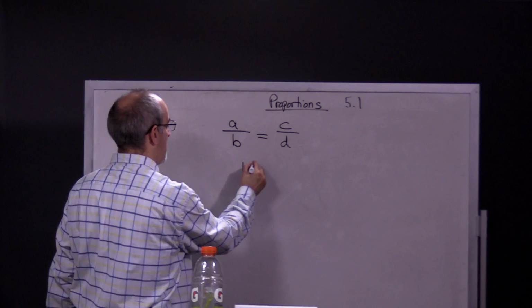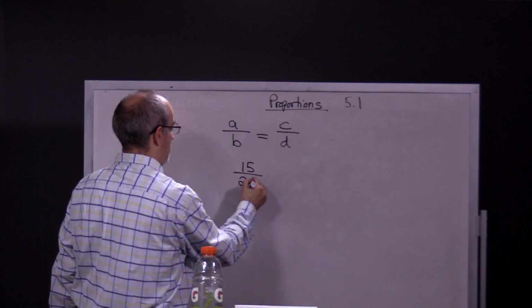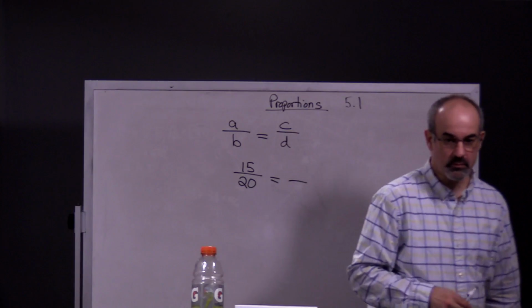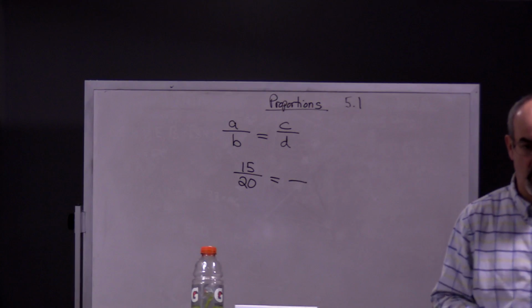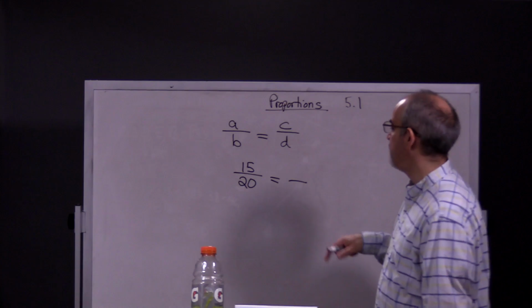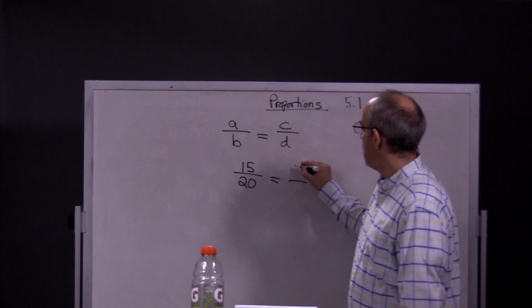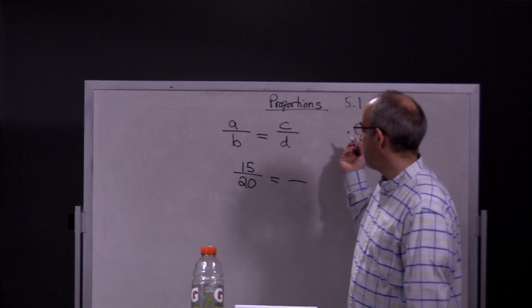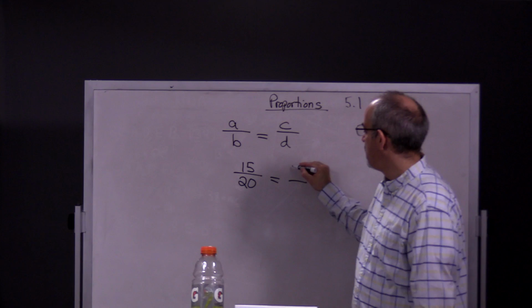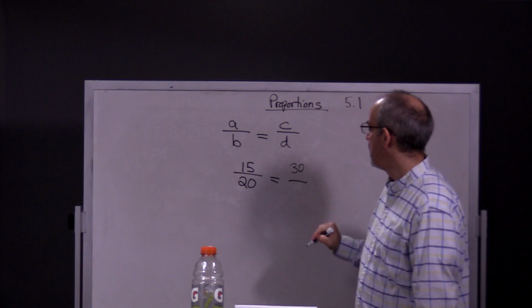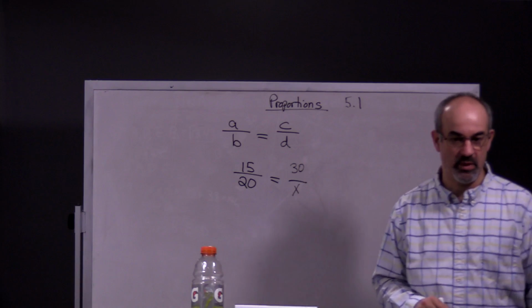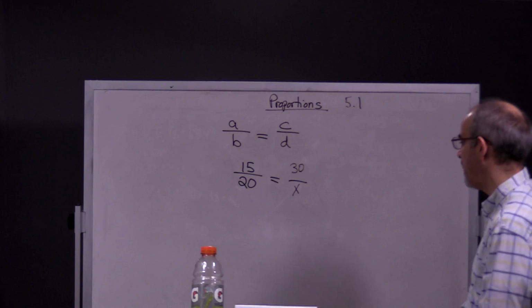So I'm going to make a proportion up. So over here, my fraction, one of the numbers won't be there. That's what we're going to try to figure out. I'm going to try to make it relatively easy. A lot of times when we don't know something, we call it x, so I'll put x there.